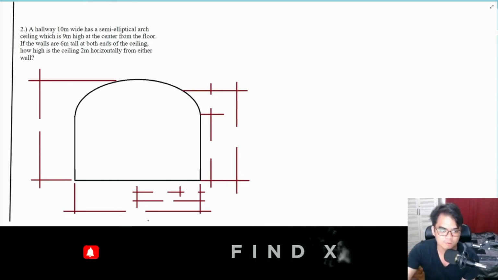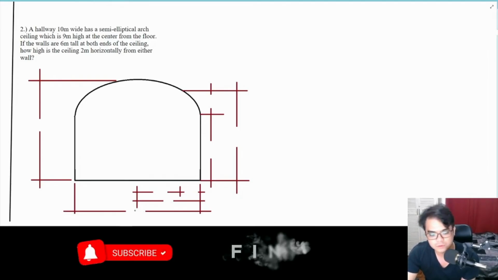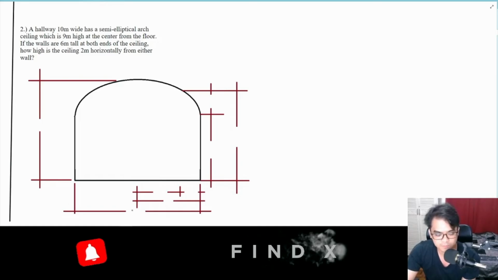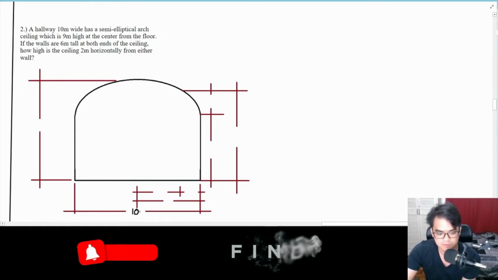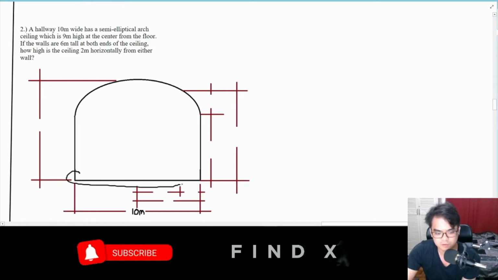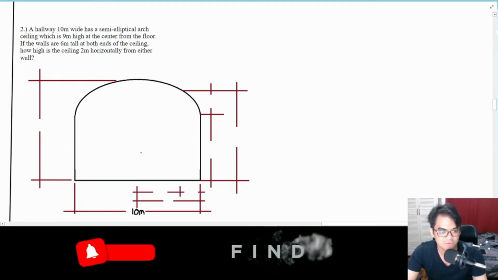So I already drew the length. It is 10 meters wide, right? So this must be 10 meters. That's 10 meters long. And then the ceiling, which is 9 meters high at the center from the floor.